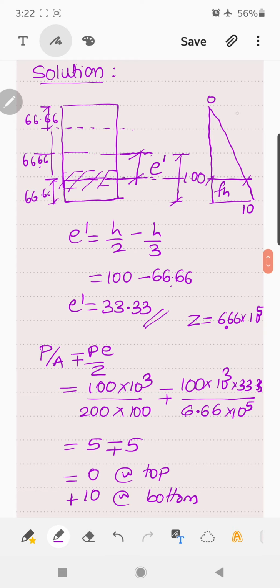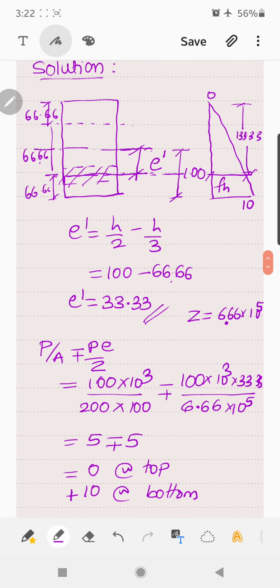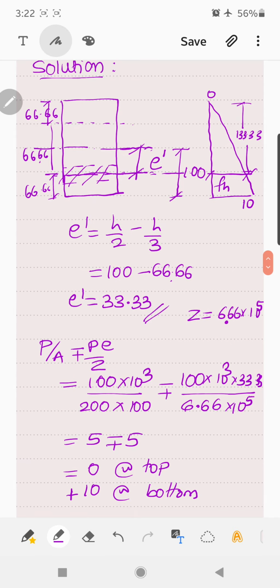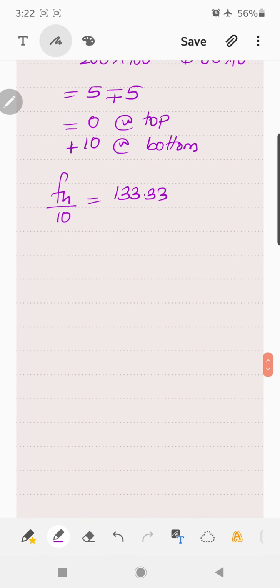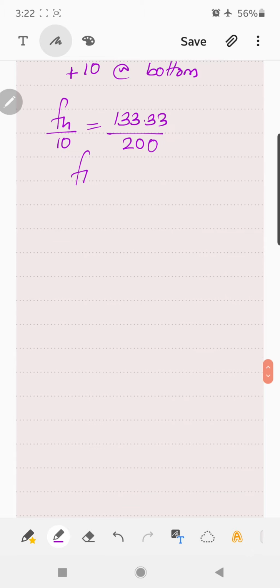Total depth is 300. The smaller triangle depth is 133.33 and the larger depth is 300 mm. So 133.33 divided by 200. By similar triangles, you can calculate FH is equal to 6.66 Newton per mm square, or you can calculate by the formula mentioned in the previous problem.